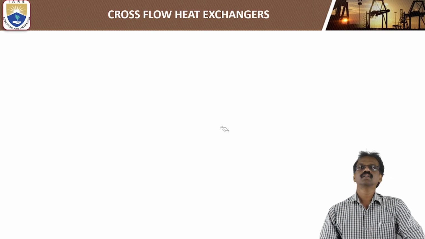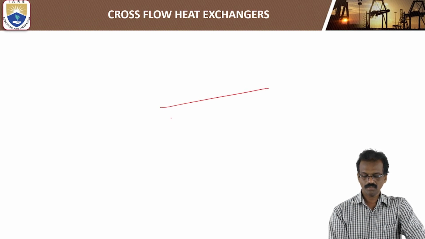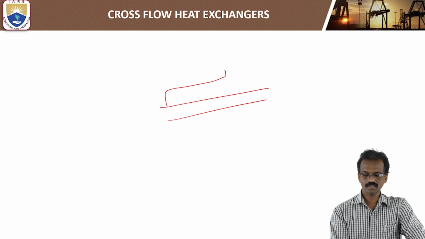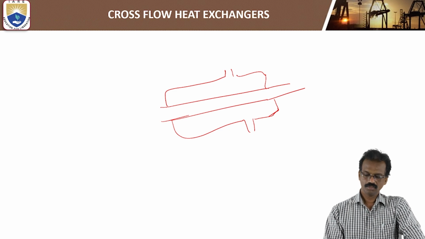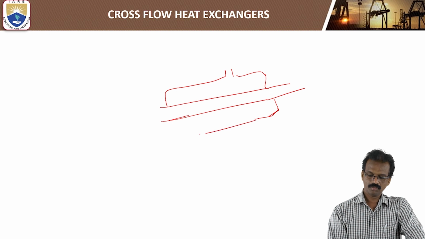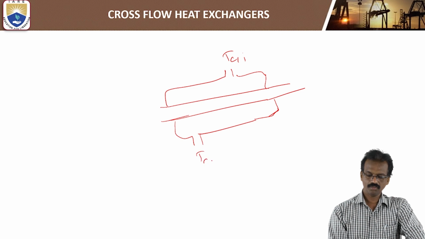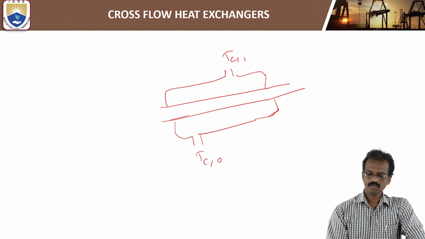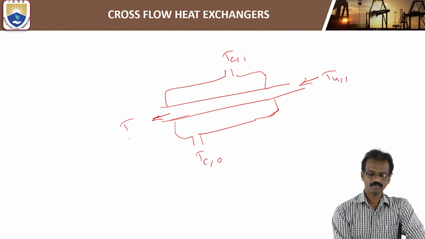Counter flow is possible only in a double pipe arrangement, with an inner pipe and an outer envelope like this. In this case, we consider either parallel flow or counter flow: cold fluid inlet, cold fluid outlet, hot fluid inlet, hot fluid outlet.